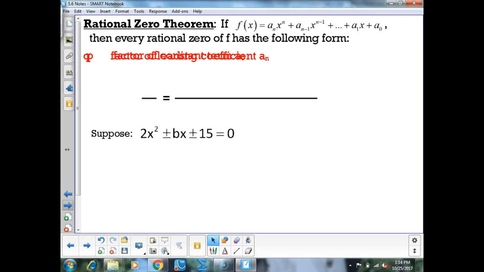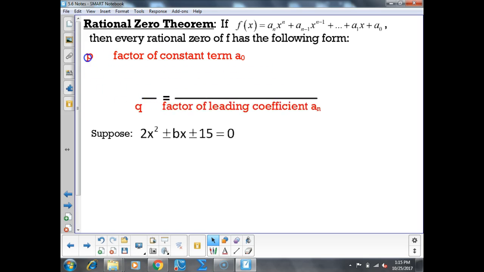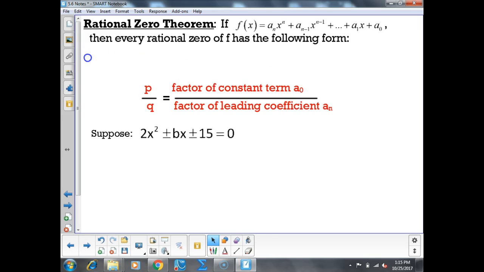The rational zero theorem says that if we have a function, f of x equals yada, yada, yada, whatever that function is, then every rational zero of it has the following form. Q goes on the bottom, and P goes on the top.